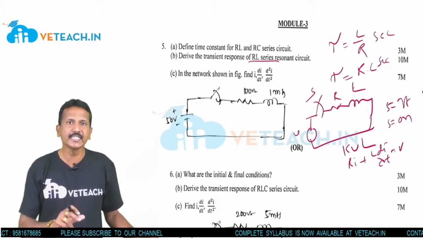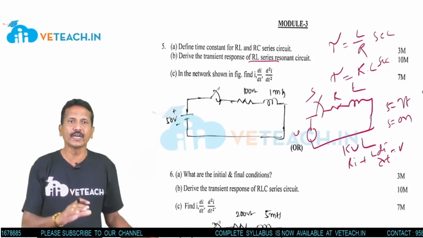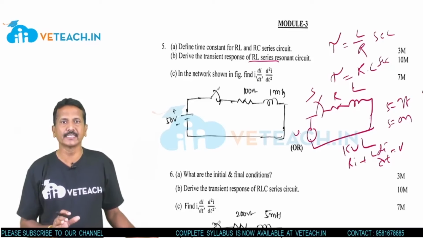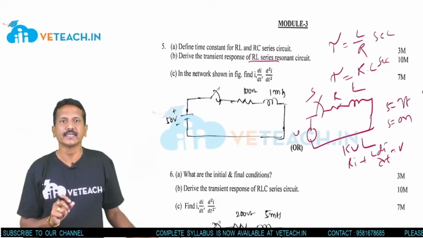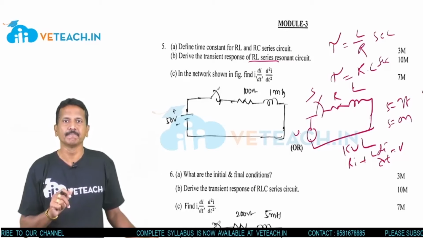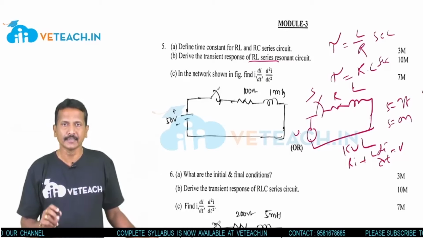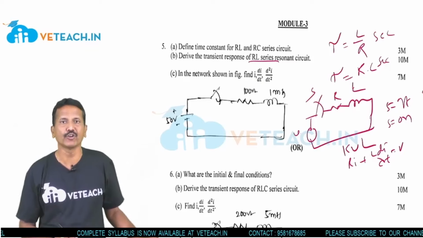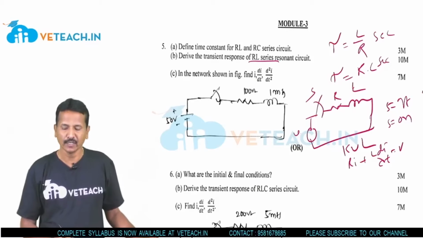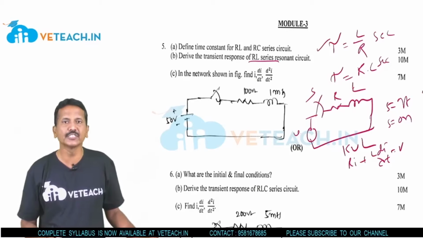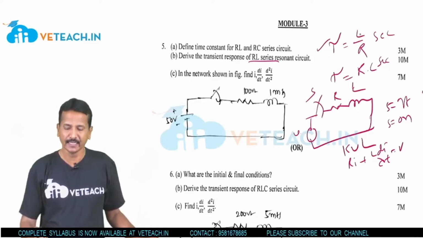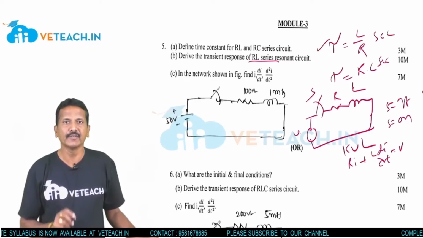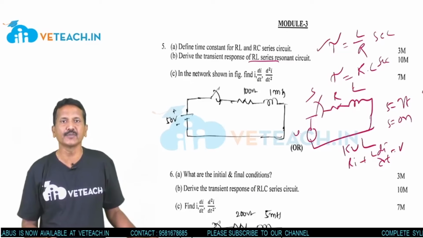The switch is moving from one position to the other position. L is a storage device, and this is a single order equation, so the system is to be identified by using the time constant. We already discussed that the time constant for RL is L by R. If we derive the relation, we get an exponential form.